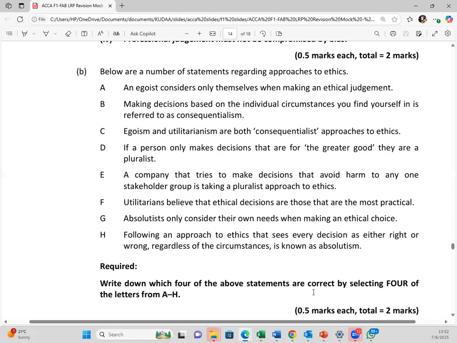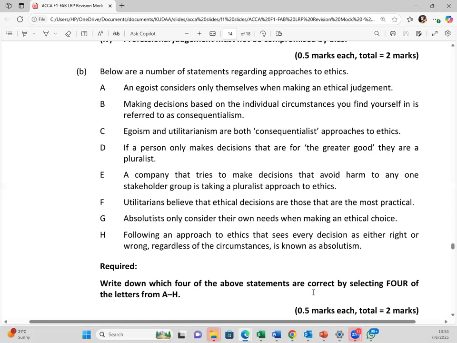So it's not about making a decision based on the circumstances you're found in, but you actually plan making the decision, and it either has an outcome favorable to one person or an outcome favorable to many. If it favors one person, that's egoism. If the outcome benefits a lot of people, that's utilitarianism.